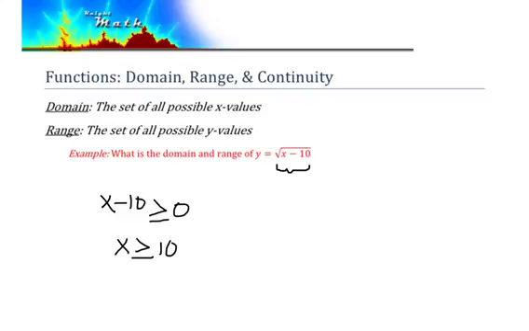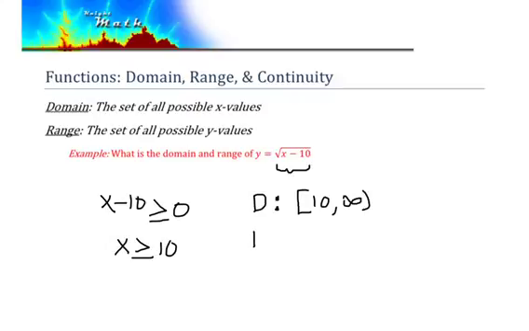Again, x values are the domain here. So we can now state our domain as a set. We could use set builder notation, or interval notation, and in this case we'll prefer interval notation, since we're talking about the real numbers.